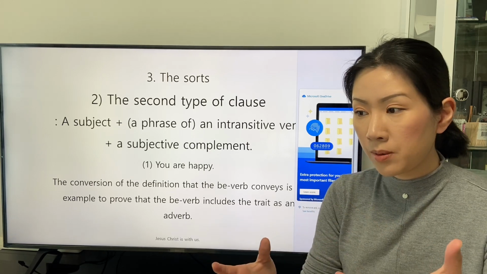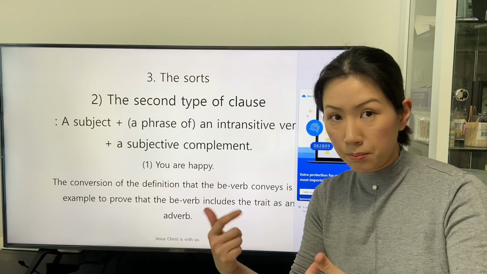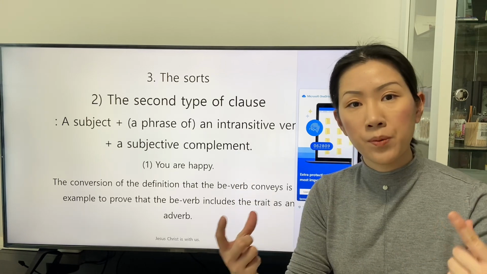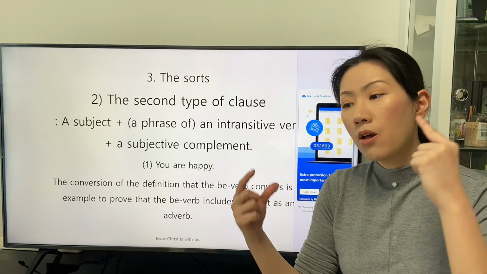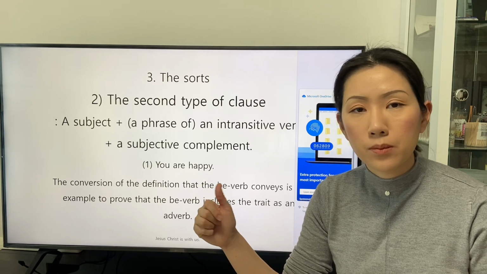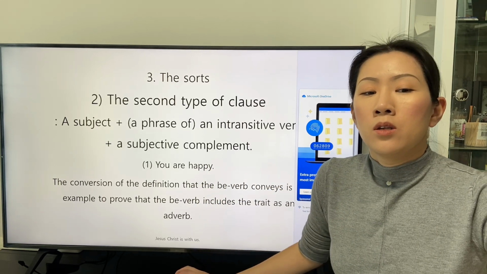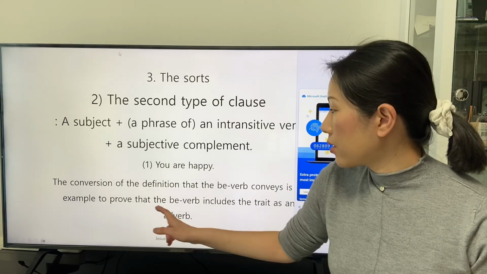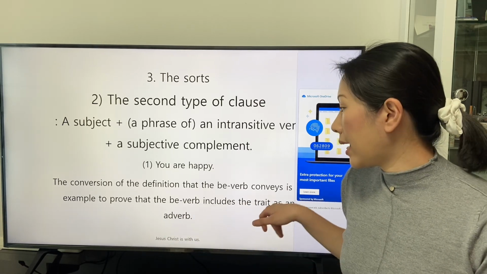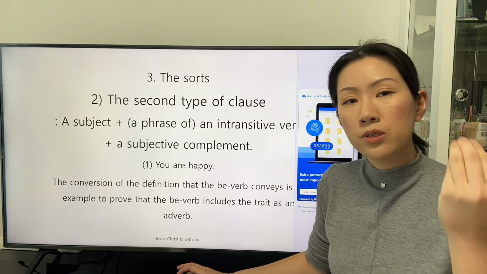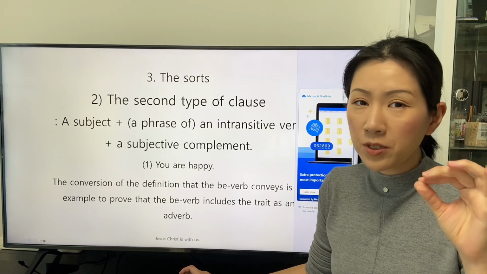The be verb can be replaced by the general verb exist and the preposition as, which is one of the adverbs. So we can say that the be verb includes the trait as an adverb, especially the trait of the preposition as.